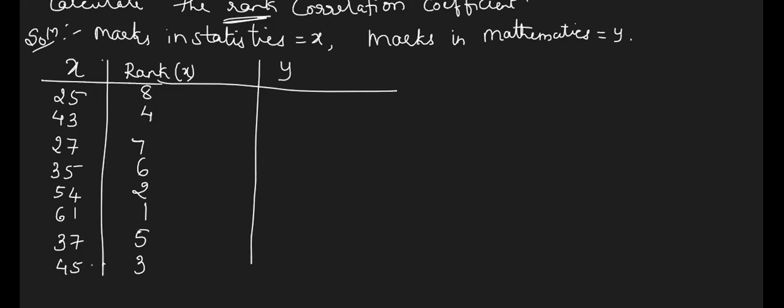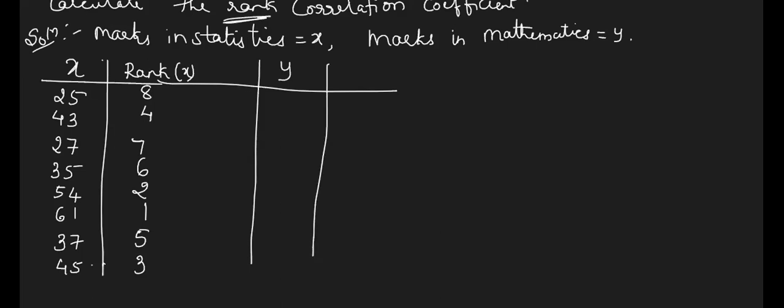Suppose this is 60, this is 54, this value is also 54. 54 means I have to write 2 and then 2. I'll not go into detail of that example now. Now you can see all are different marks, so there is no worry. 1 to 8 ranks are being assigned. If they are the same, we have a different procedure. I'll not apply that now.